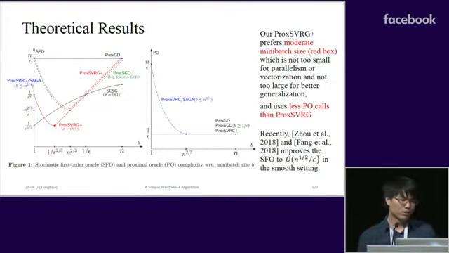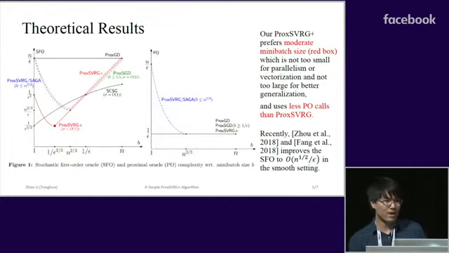We plot 2 figures to show our result compared with previous results. Let's first look at the left figure. It shows that our algorithm is better than proximal GD, SGD, SVRG, and SAGA.